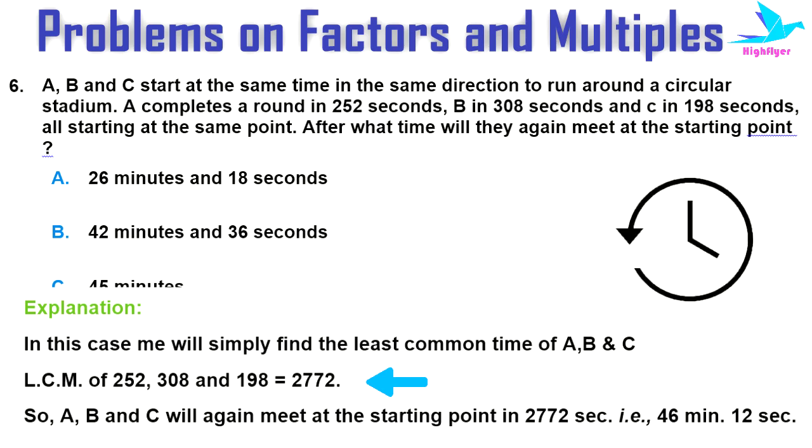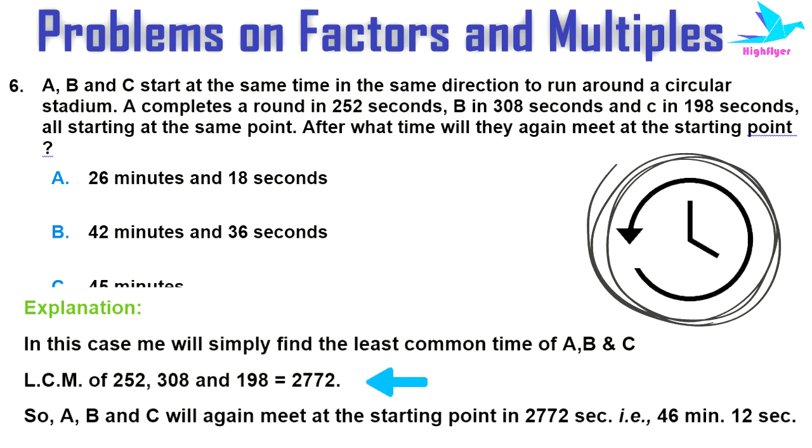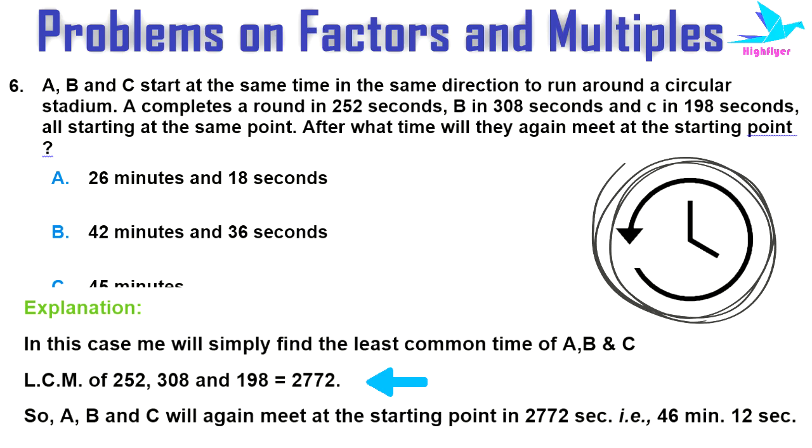That means after 2772 seconds, all the three, with 252 seconds, 308 seconds and 198 seconds, will complete their cycles irrespective of the number of repetitions. So 2772 seconds is the time when all of them will meet at the starting point. Converting 2772 seconds into minutes, we get 46 minutes and 12 seconds.